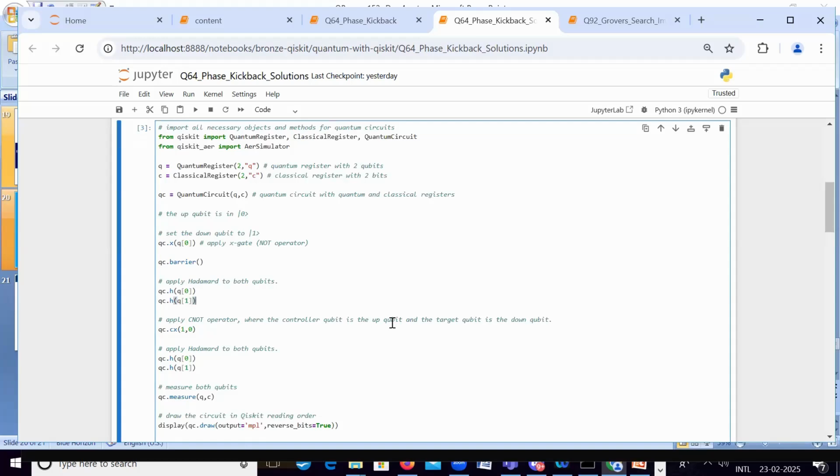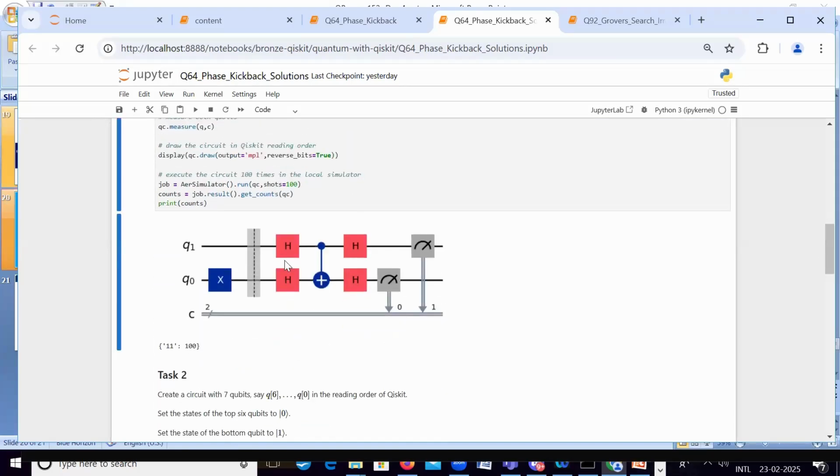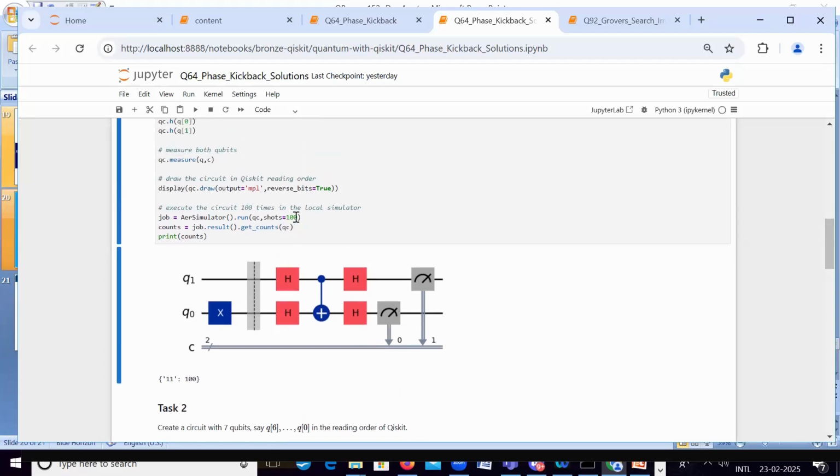On doing that, we got the circuit in this structure. Here the probability of getting the bit string 11 is 100%, because this is the 100% search here.